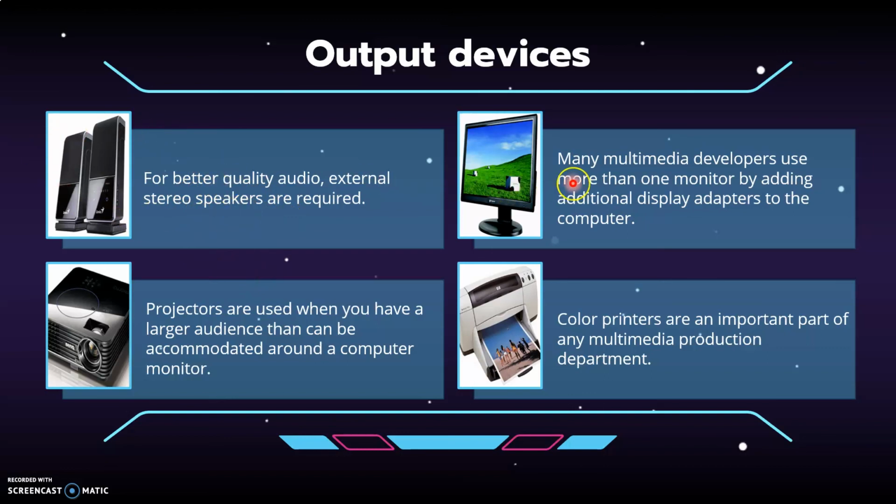Next one, you can use a monitor. You can use more than one monitor by adding additional display adapters to the computer, and then you will have the projectors. And last one, you will have the color printers, to do your multimedia projects or to print any documents for your multimedia production department.